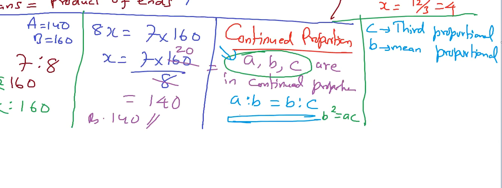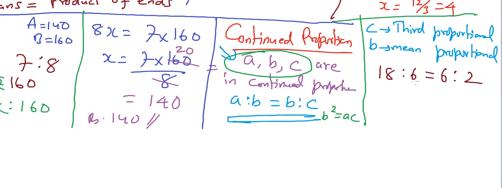Okay, let's take some example. We know 18 is to 6 equal to 6 is to 2, isn't it?